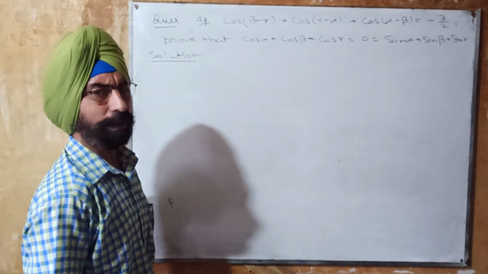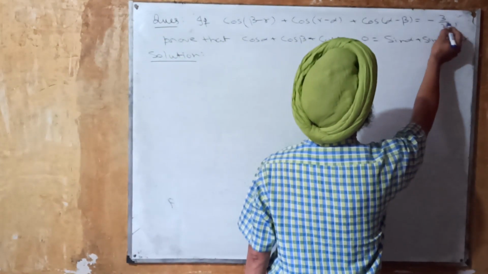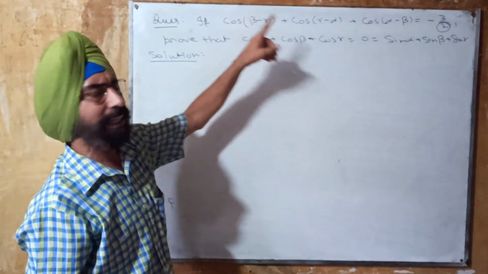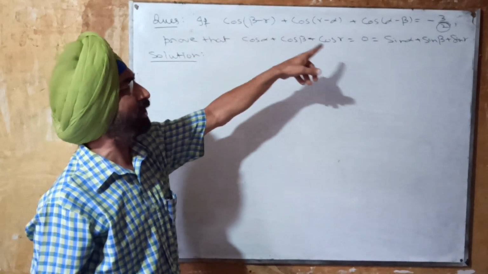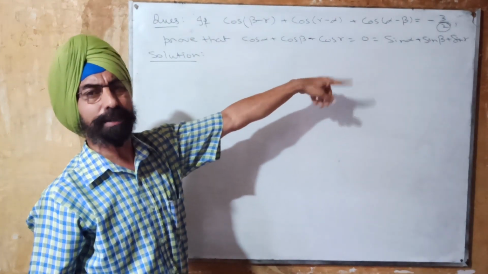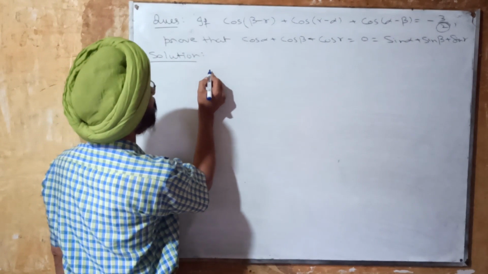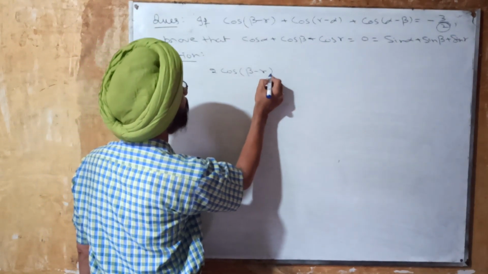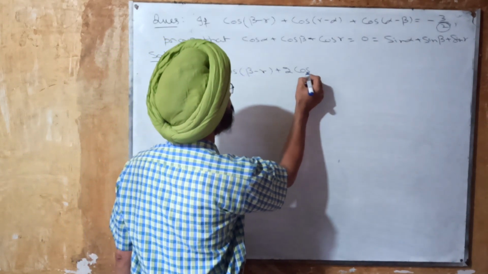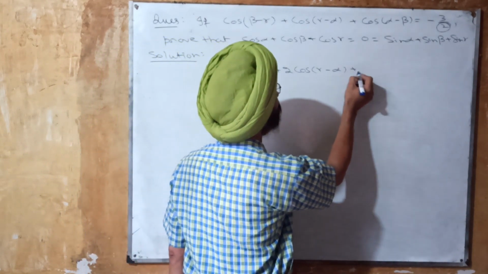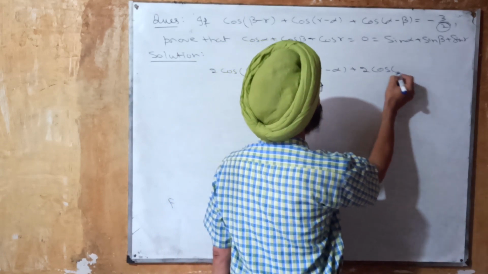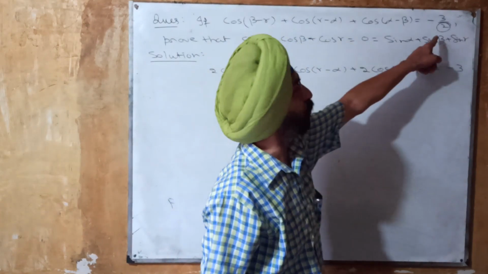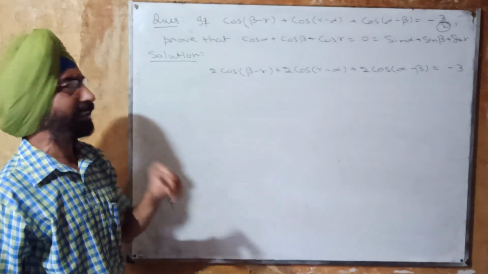What in the first step I am going to do, this 2 in the denominator, I am going to take it to the left hand side. So each term in the left hand side will get multiplied by 2. You will get 2 cos(beta minus gamma) plus 2 cos(gamma minus alpha) plus 2 cos(alpha minus beta) is equal to minus 3 now, because this 2 has been moved to the left hand side.